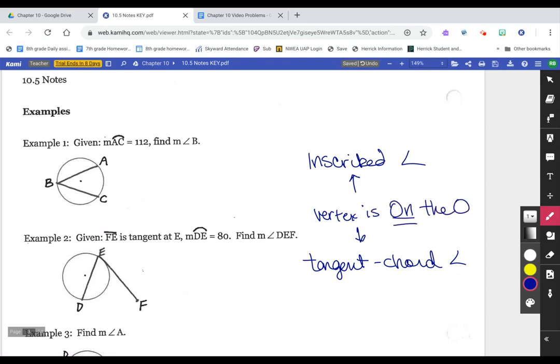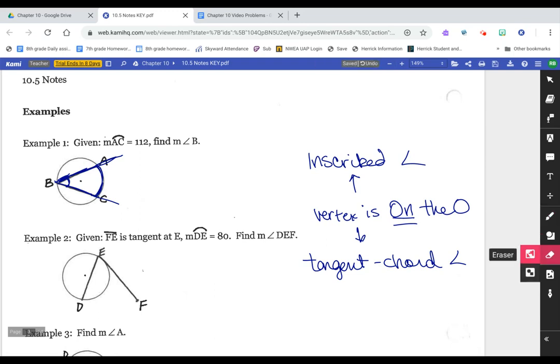And we said the measure is just going to be 1/2 the inscribed arc. So what they mean by inscribed, if we're looking at example 1, if this is angle B, the inscribed arc would be arc AC, because if this was my angle, that arc would be inside that angle, if we extend the rays.